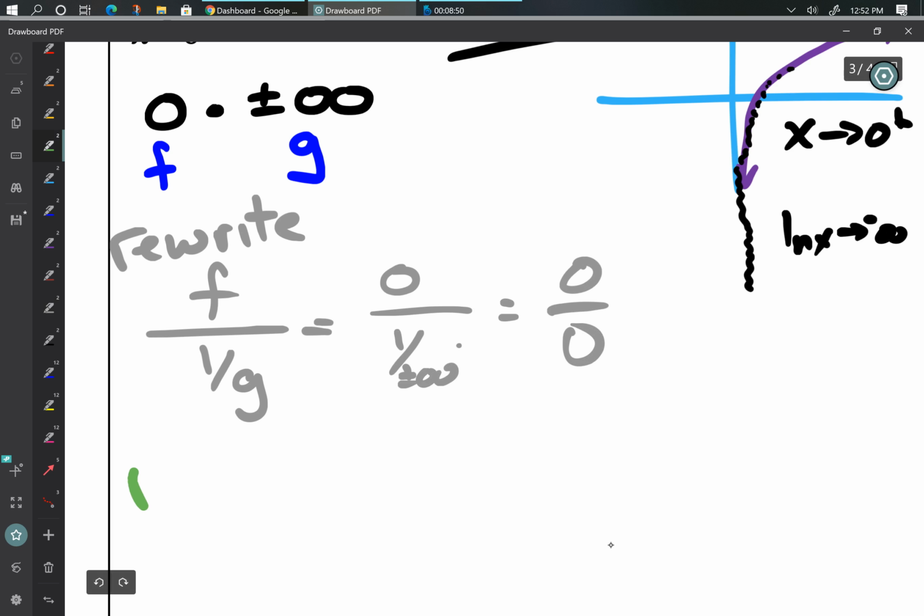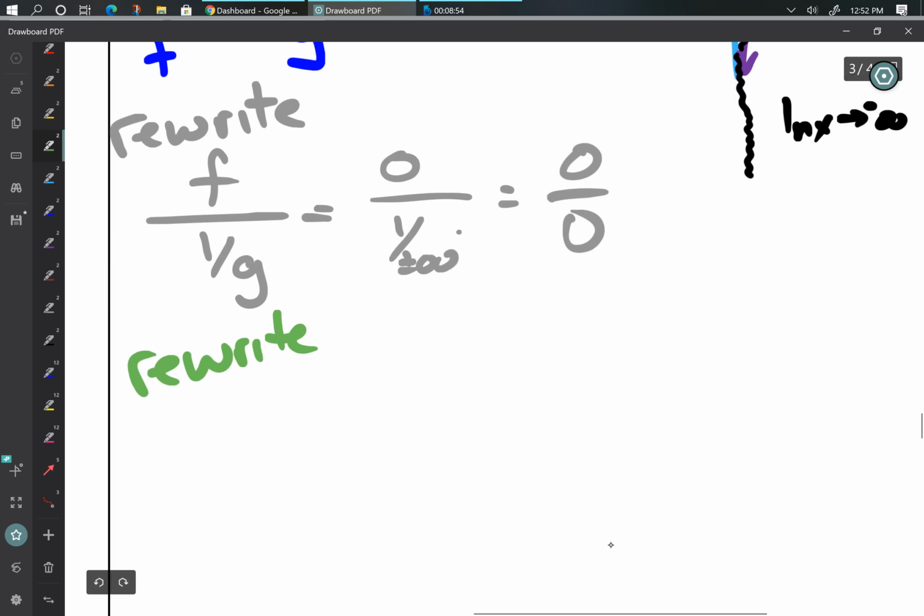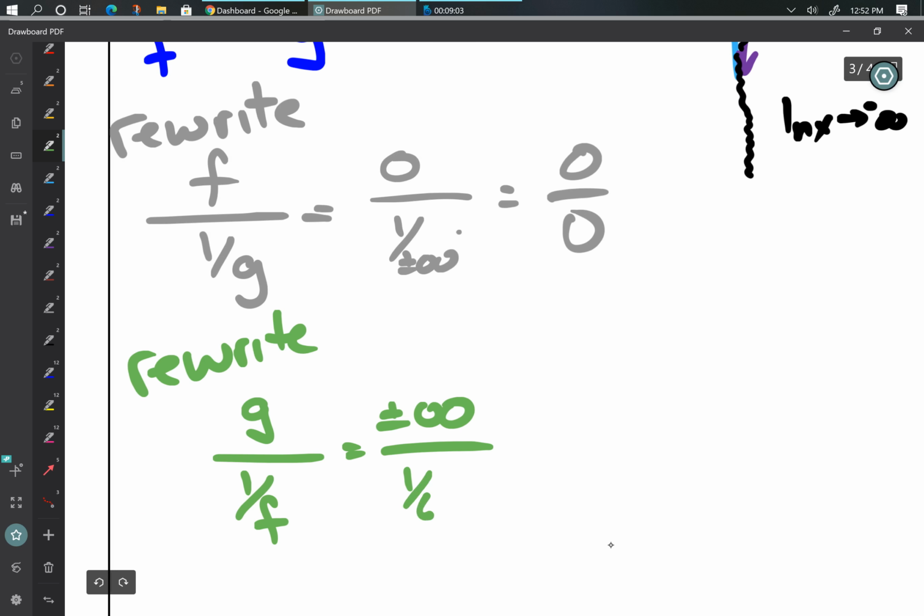But you could also rewrite it as g over 1 over f, which would give us plus or minus infinity over 1 divided by 0, which is going to be some sort of infinity, which is also good for L'Hopital's rule. So we need to make a decision: do I rewrite this as f over 1 over g, or as g over 1 over f?